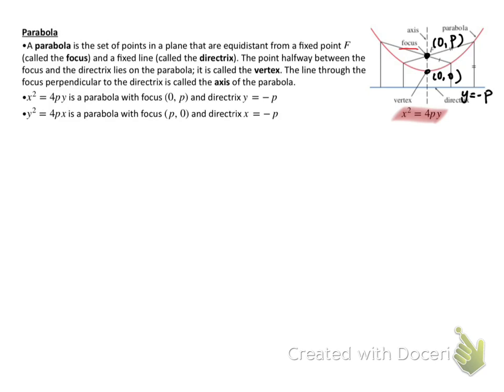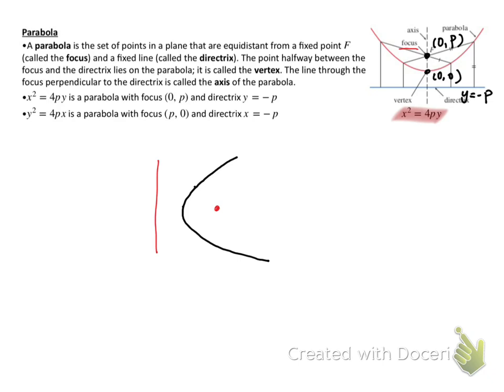Similarly, when you have a vertical line and a point, then you have this equal distance, it's here and then probably like here, so you will end up with a parabola this way.